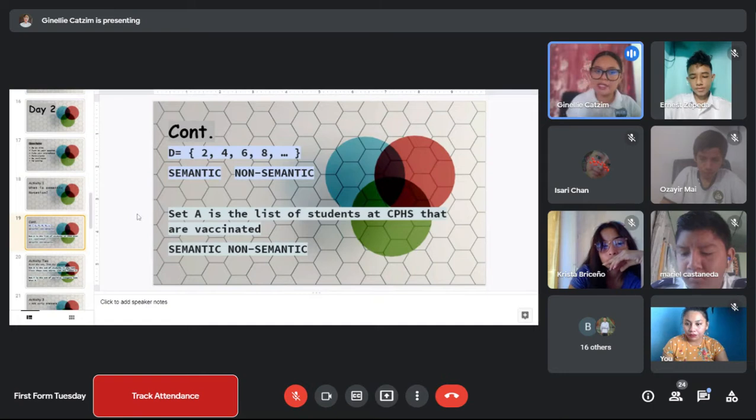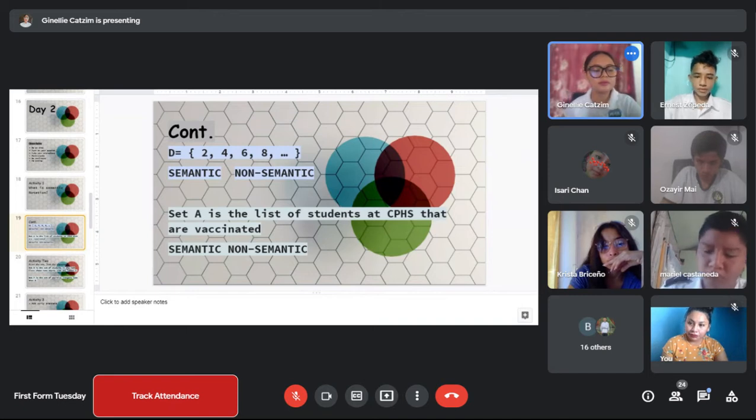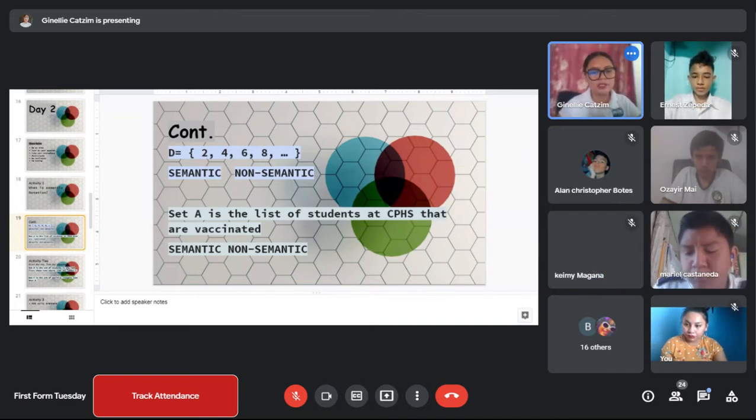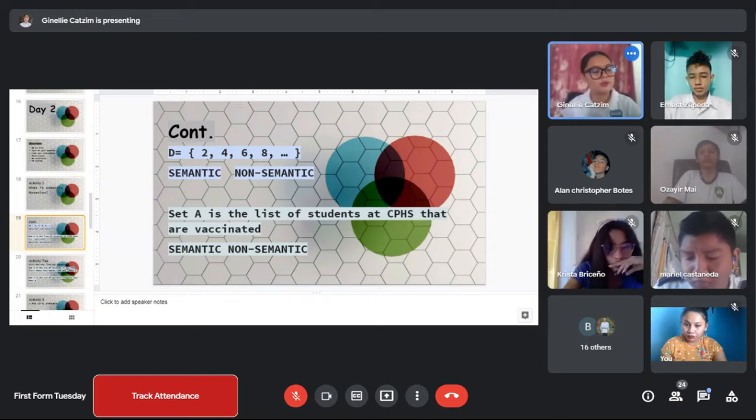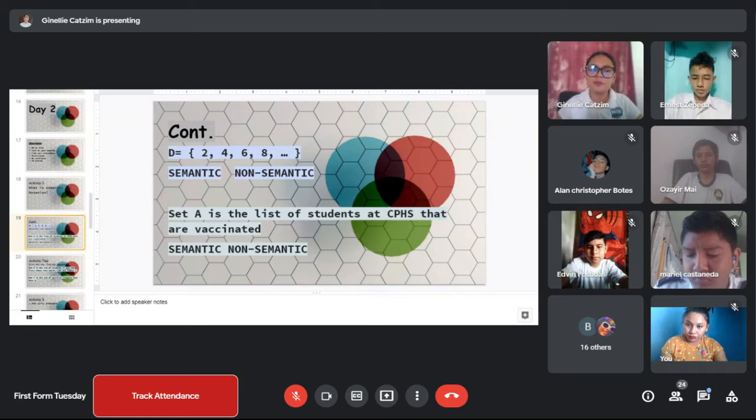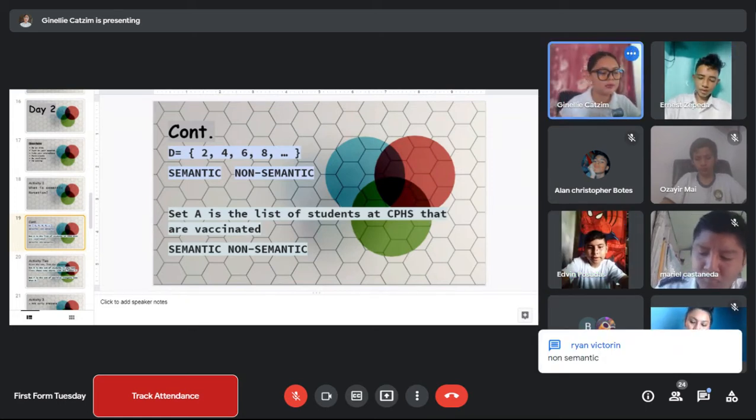Now, is the semantic or non-semantic notation? Semantic or non-semantic, please? Semantic says, I don't know. Someone says Non-semantic. Who else? You can type in the chat box.